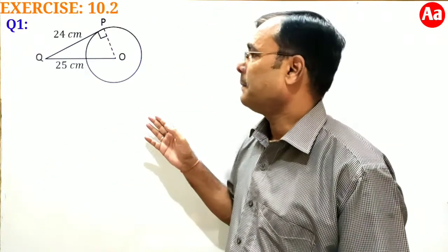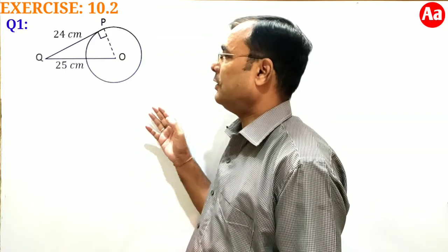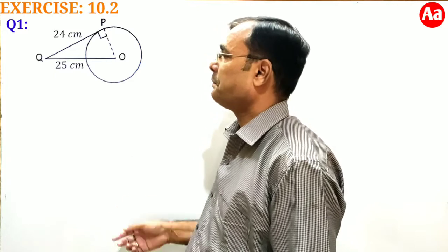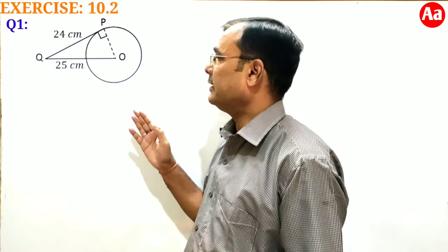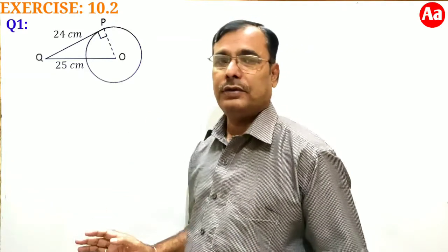In this figure, PQ is a tangent drawn from external point Q to the circle with center O. OQ is distance of point Q from the center of the circle. OP is the radius that we have to find out.